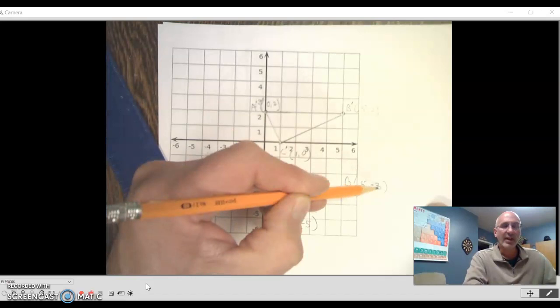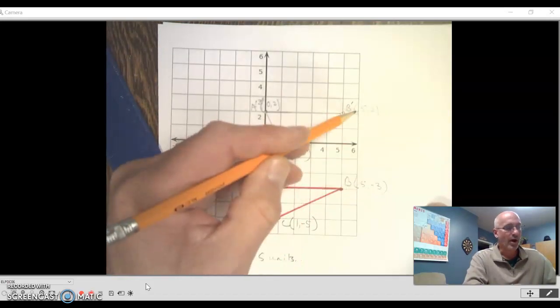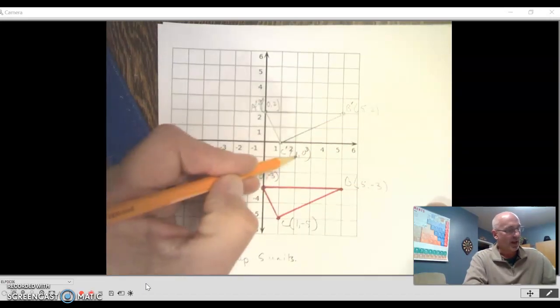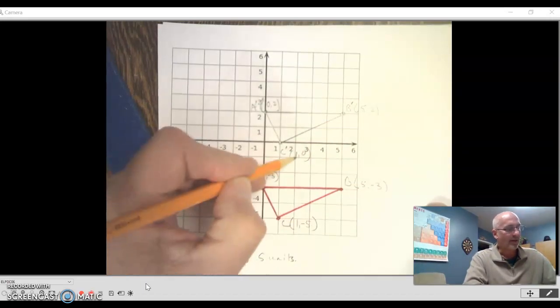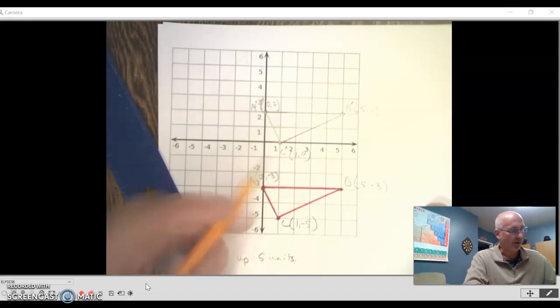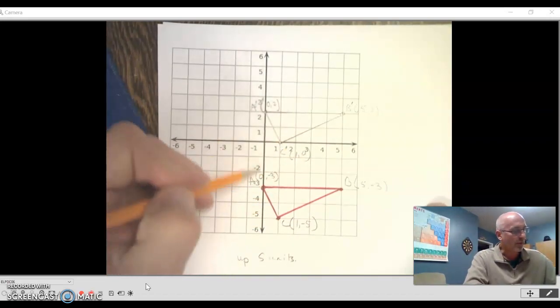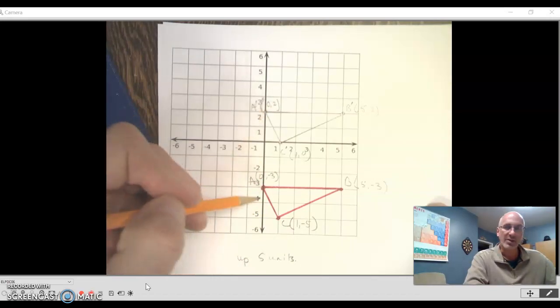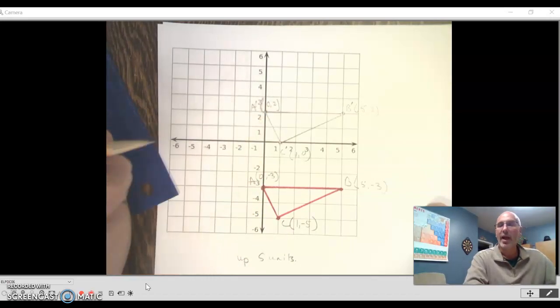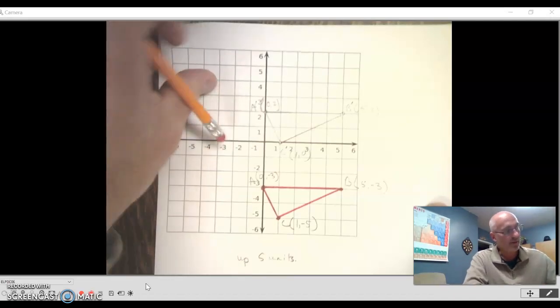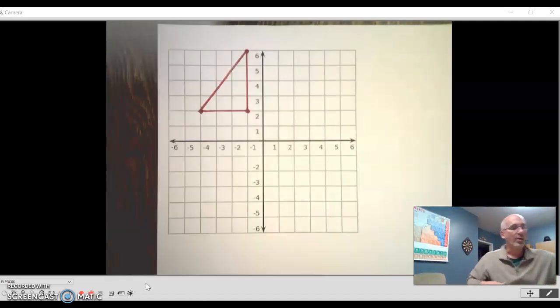B was 5, -3. B prime is 5, 2. C was 1, -5. It now is 1, 0. I went up 5 units for each one, and so the x values stayed the same, and the y values increased.